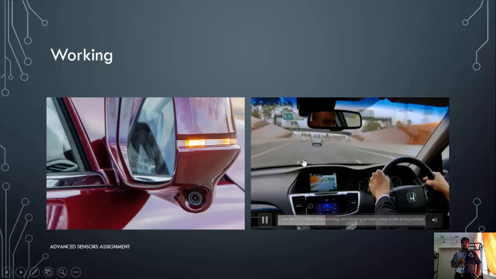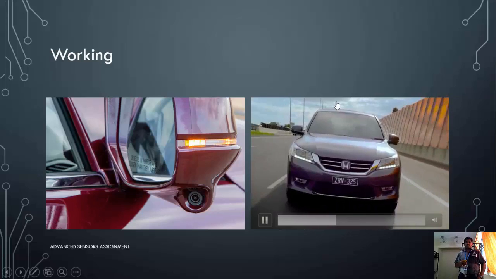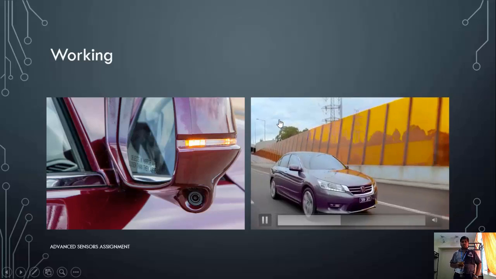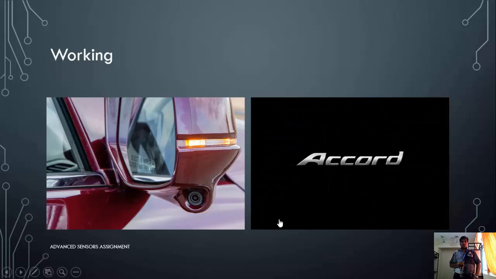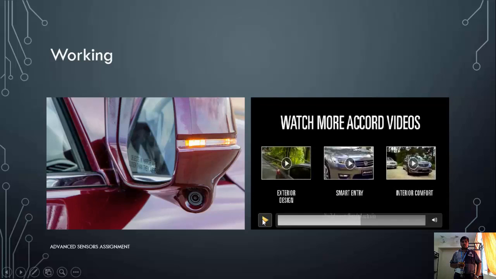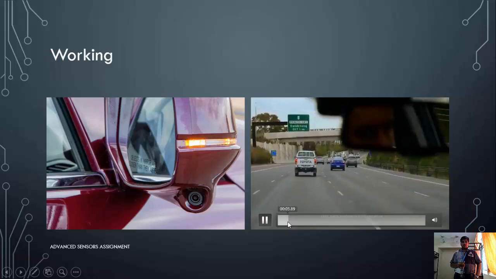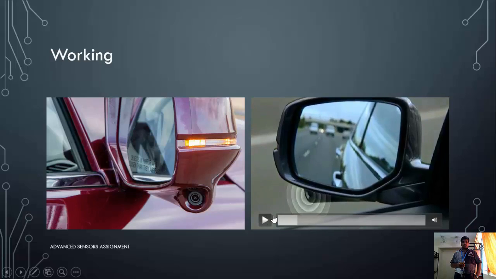What does this mean? Simply, it gives you the confidence to switch lanes easily and safely. Beep. Now there's a hidden camera in the passenger side mirror.